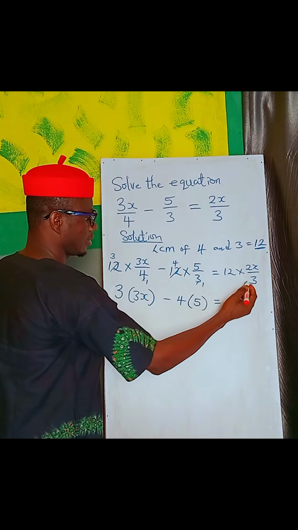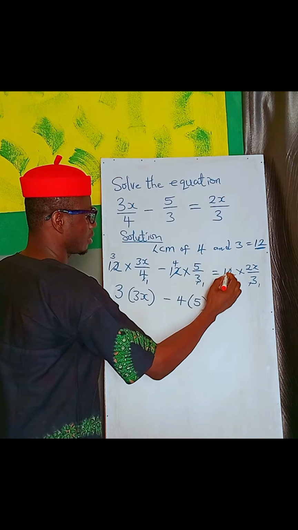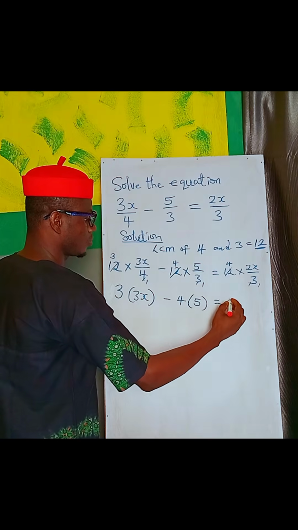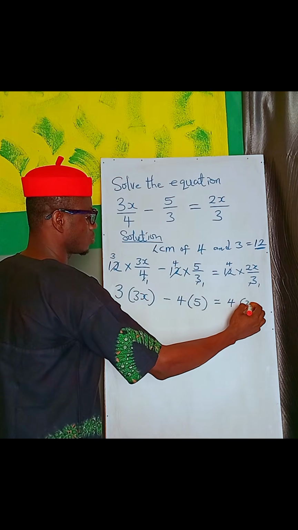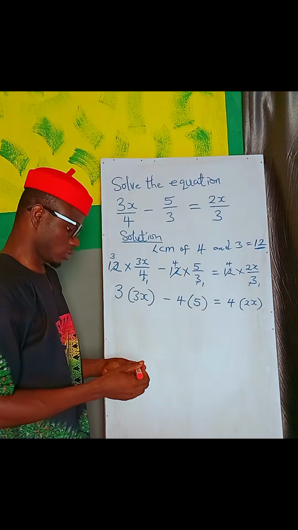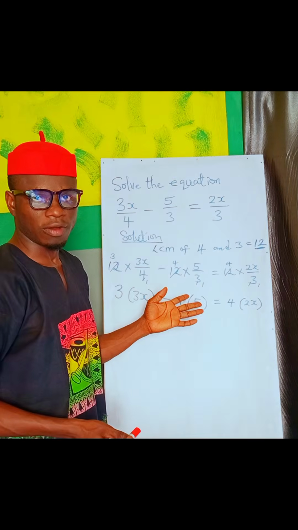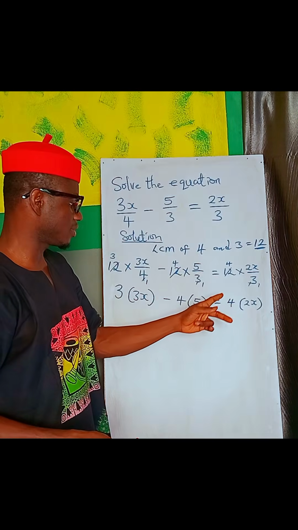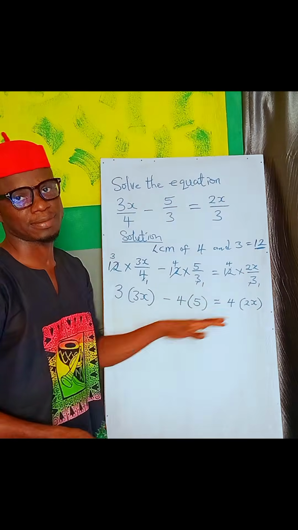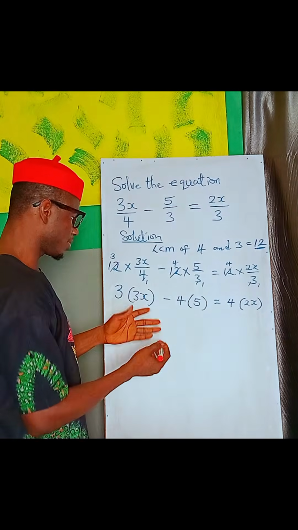Then we'll have our equal sign. Here, 3 in 3 is 1, and 3 in 12 is also 4. So we'll be left with 4 times 2x. So with the multiplication of the terms with the LCM, we have been able to have a linear expression without a fraction.